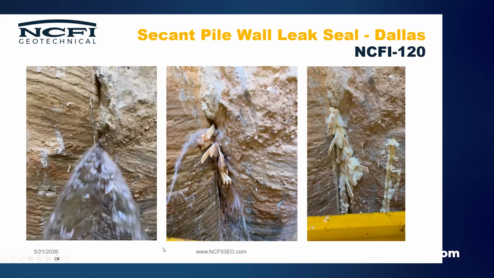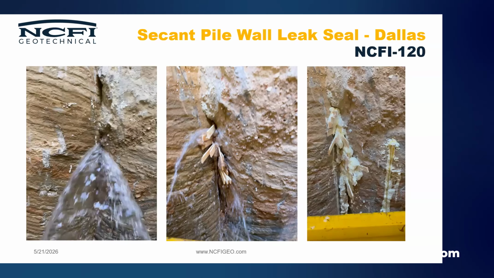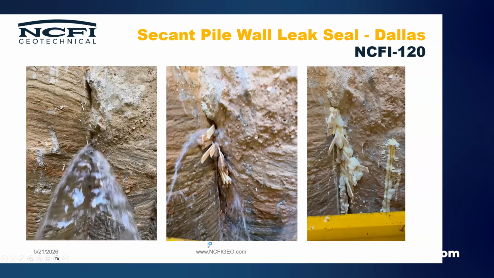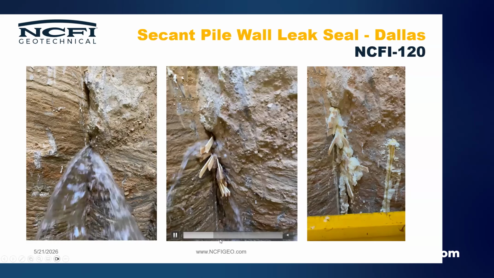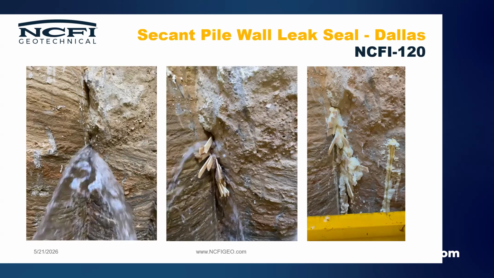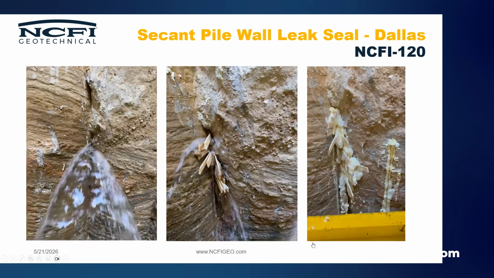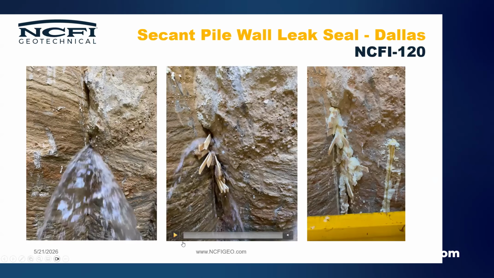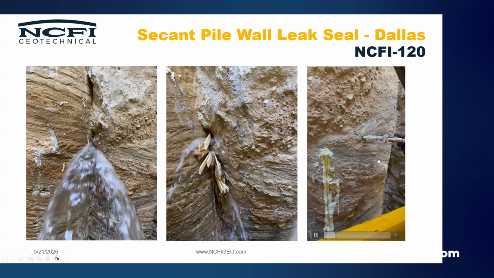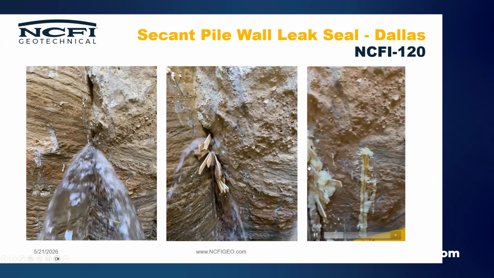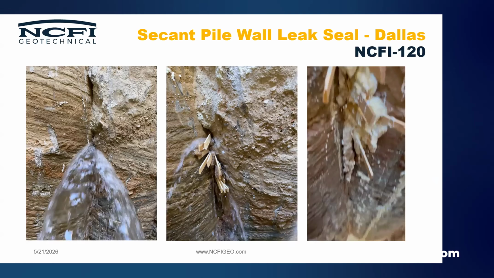It had a pretty decent flow, and so they had attempted to just inject grout, but the flow was a little too high. So then they ended up using oakum and some shims, and then drilled in at a 45-degree angle from the side. You can see in this last picture where they come in at an angle and intersected the crack about halfway back and sealed it all off.